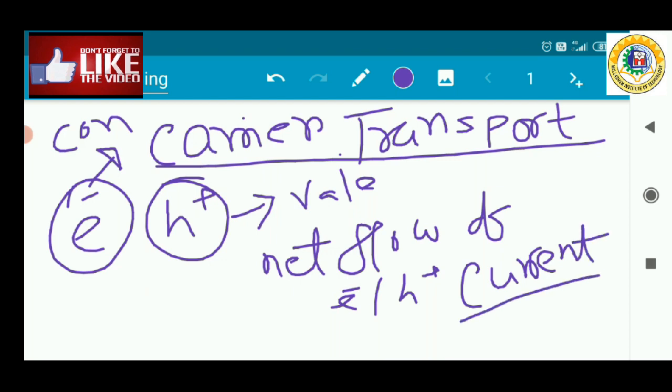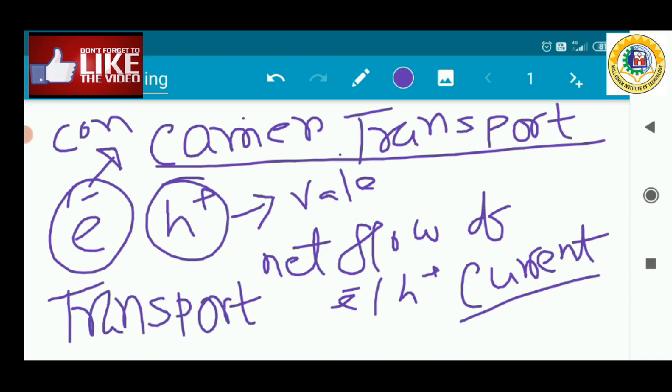The process by which these charged particles move is called the transport phenomenon. In this chapter we will discuss the transport phenomenon inside the semiconductor, how the carriers within the semiconductor move. That is the process of carrier transport.